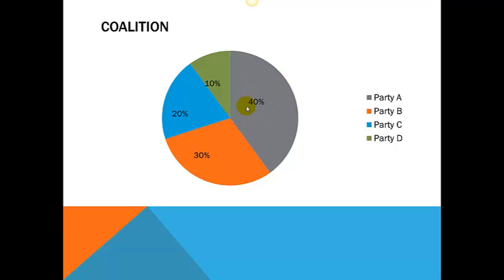Now, parties B, C, and D could join together in what's called a coalition and form the government because they have more than Party A. Coalition governments agree to share power between them. With coalition governments, there has to be lots of cooperation. And we often see this in places that have proportional representation. It's also very common in the European Union.